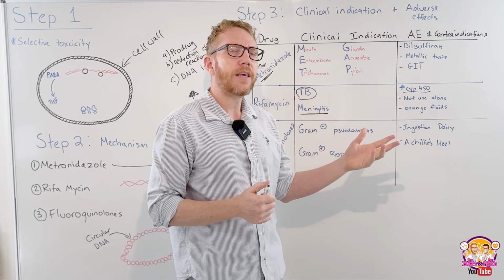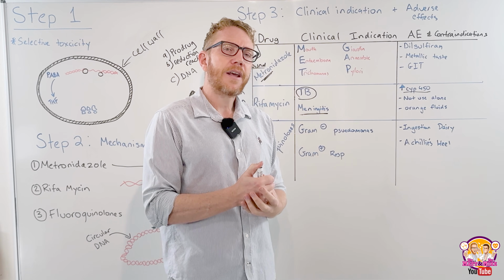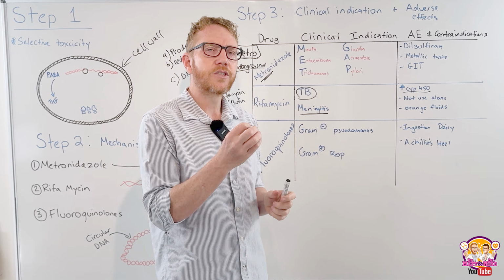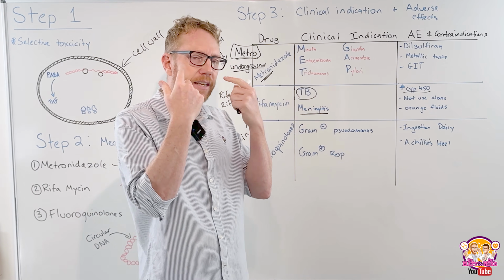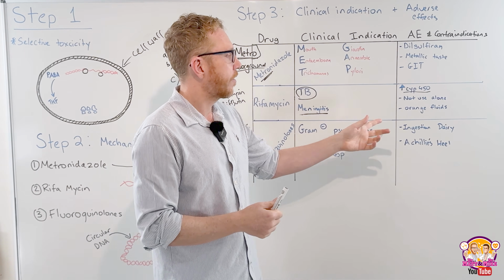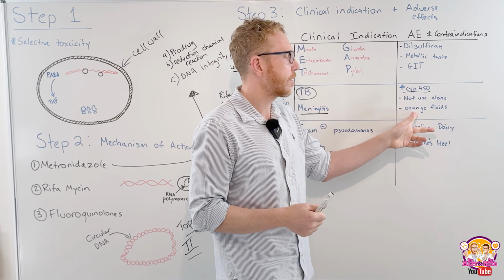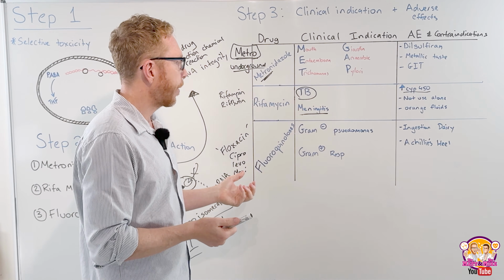Interestingly, the antibiotics are broken down and metabolized into certain products that cause an orange discoloration of fluids like tears, saliva, urine. So be mindful of that as a side effect to educate your patients about.